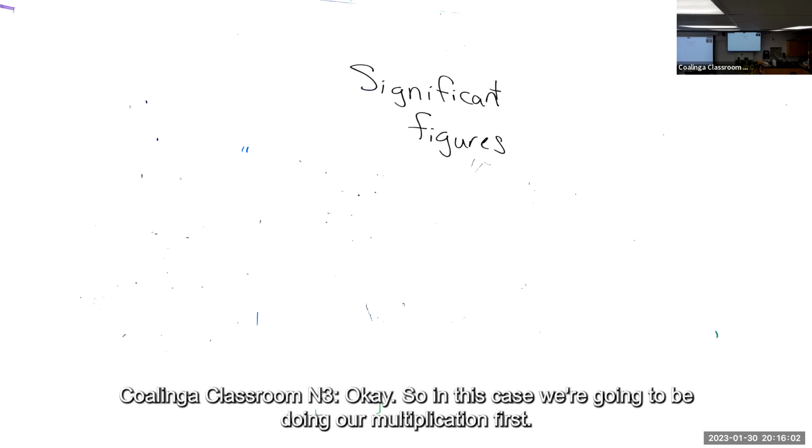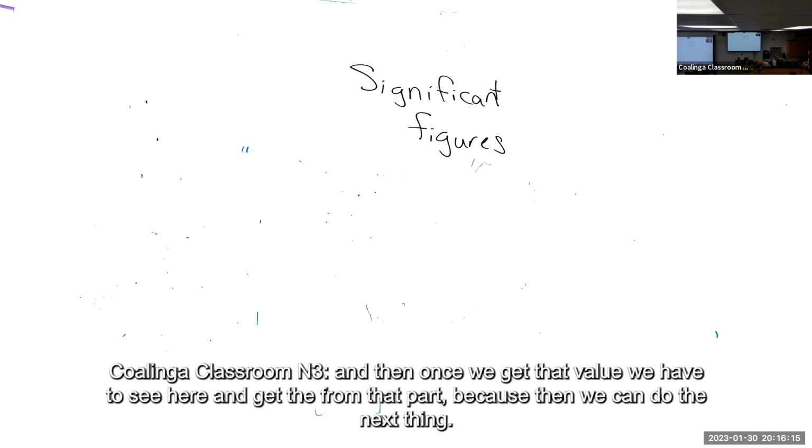Then exponents, then multiplication. Division. So what do you get first? Subtraction. Okay, so in this case, we're gonna be doing our multiplication first. And then once we get that value, we have to get the significant figures from that part. Then we can do the next part.